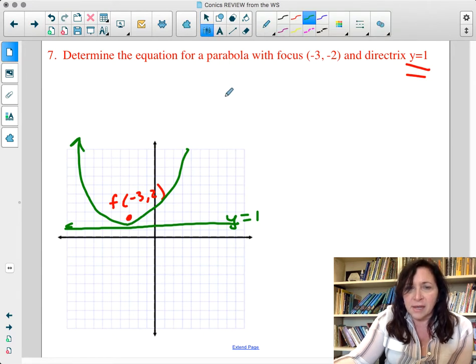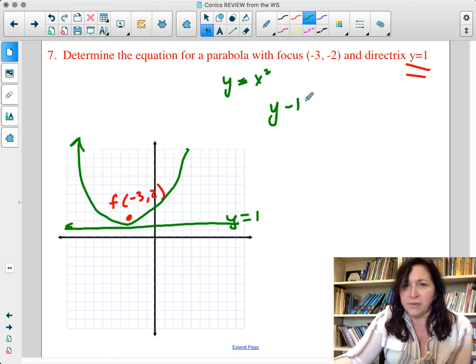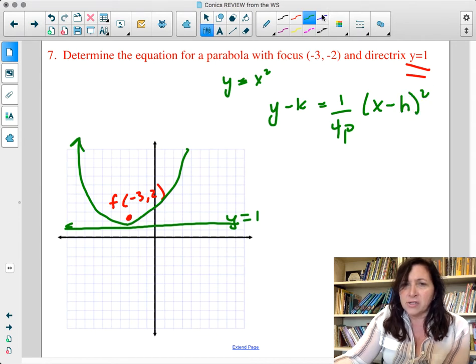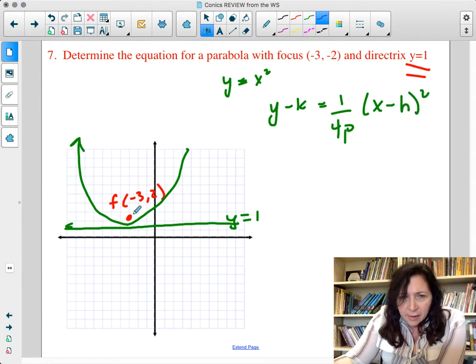So let's graph this. We know this is a parabola that looks up, so y equals x squared. Then we're going to go y minus k equals a, which is 1 over 4p, times (x minus h) quantity squared. So it does look like my vertex has to be in between here and here.